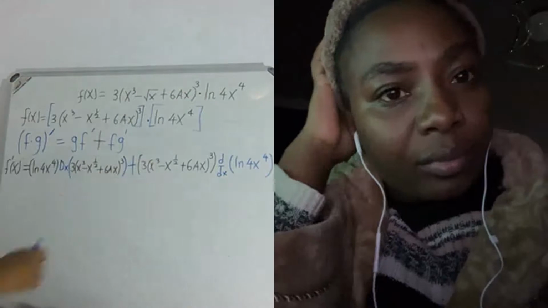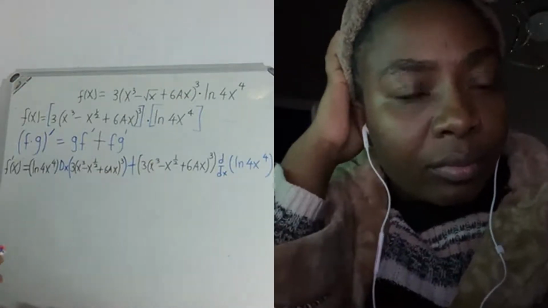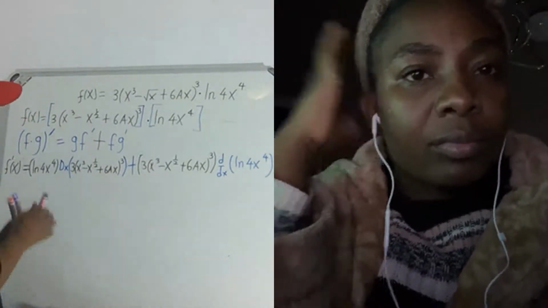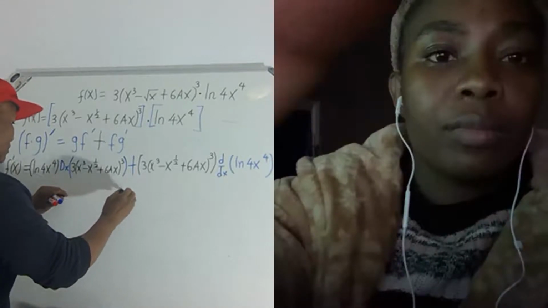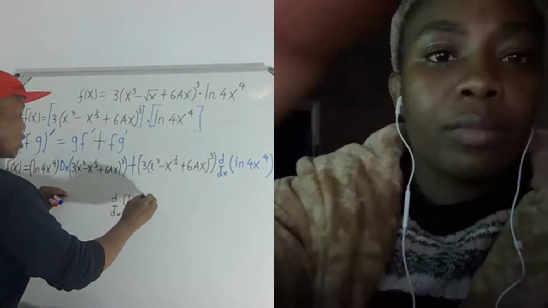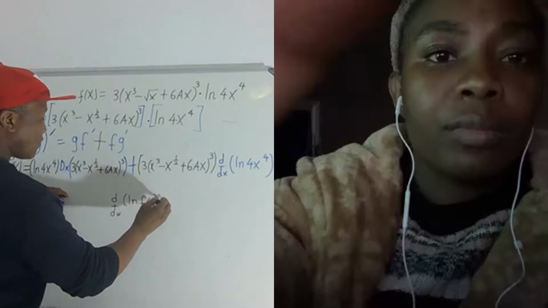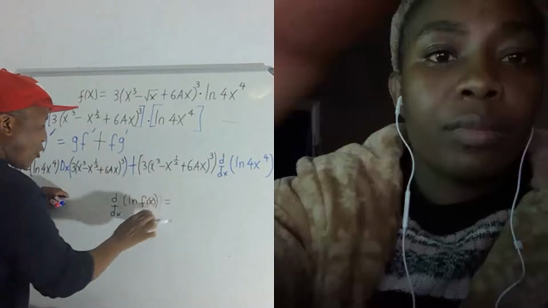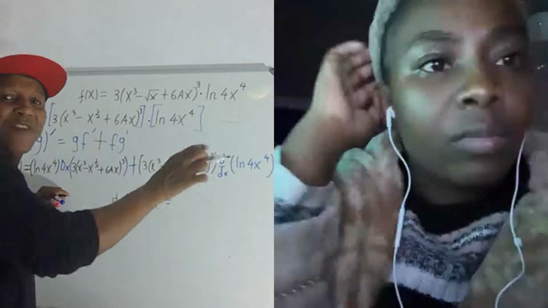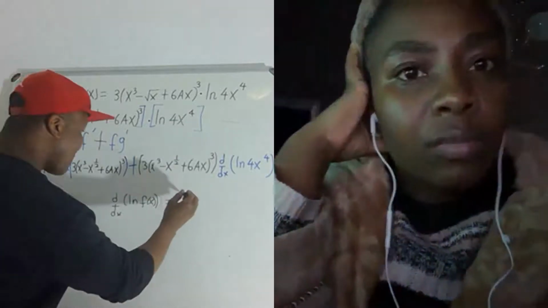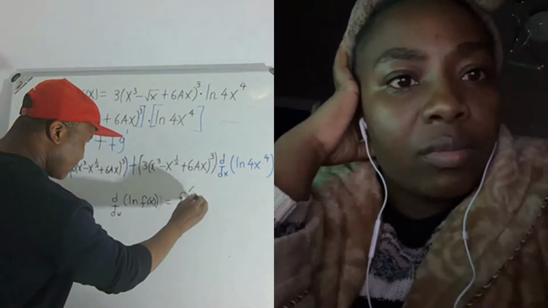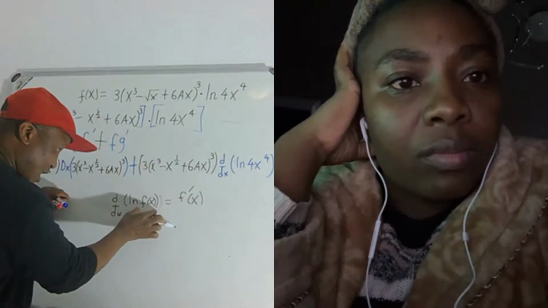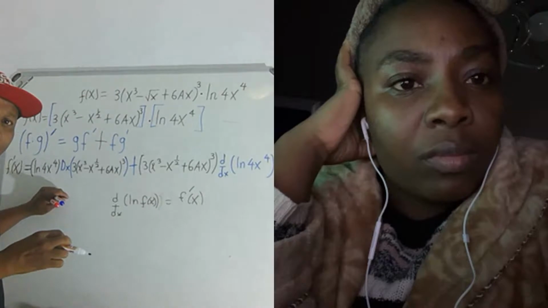So everything here I know you can do, but let me remind you something. We know when you differentiate ln of a function, we said before, you take the function, differentiate it, and write the answer on top.